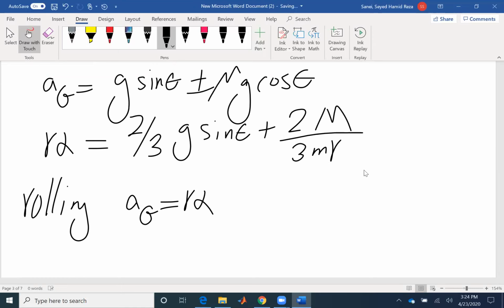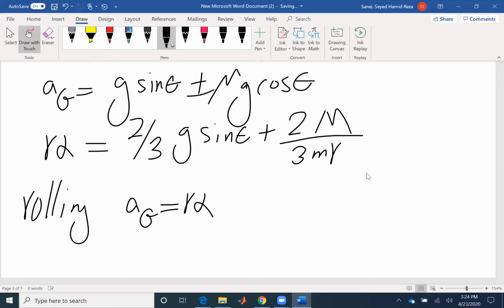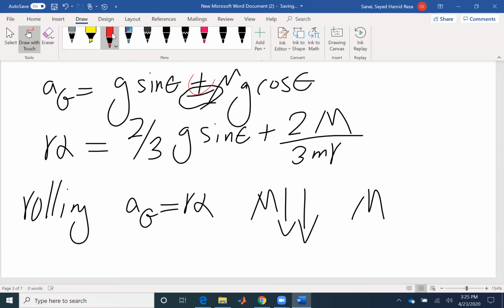So let's think of it if m is a very small value. Let's say m is very small, then of course that would be the negative sign. So the friction force would be acting up. If m is a larger value, still to some extent we could have rolling because we have a positive sign.